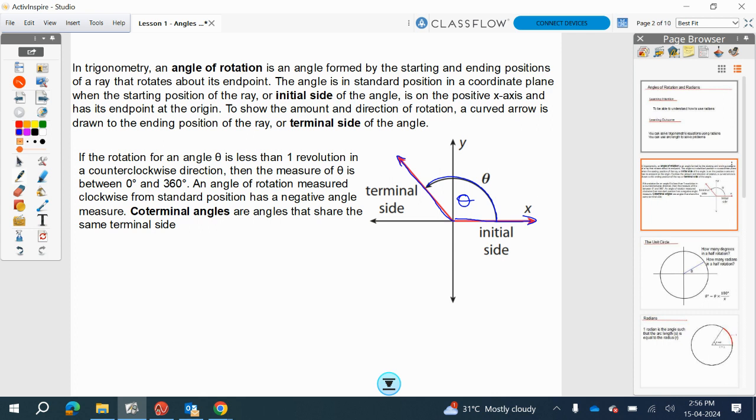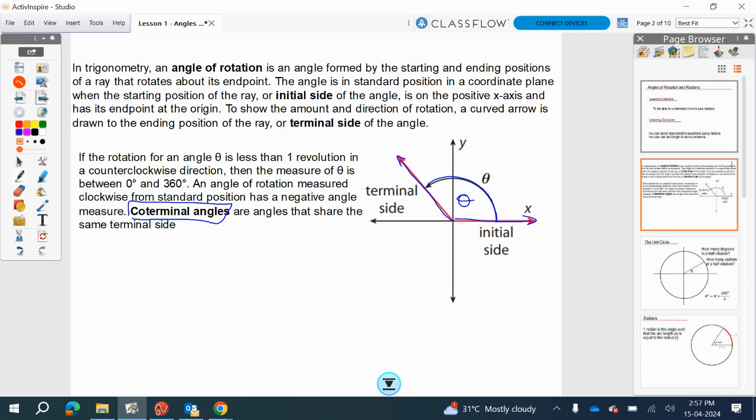So if the angle rotates just less than one revolution counterclockwise, that's going to give us an angle between 0 and 360 degrees. But we can keep rotating round and round and come back to the same position on the terminal side. So the new vocabulary here is coterminal angles.